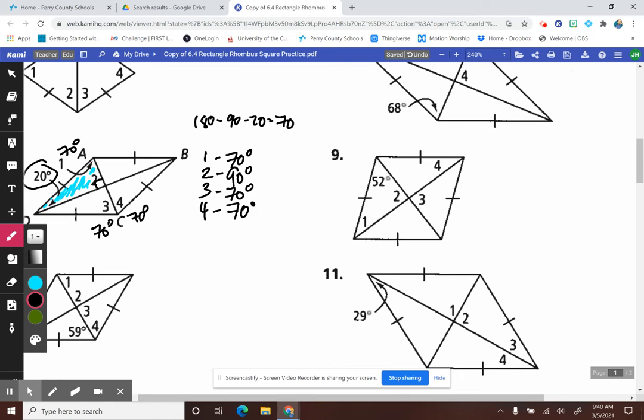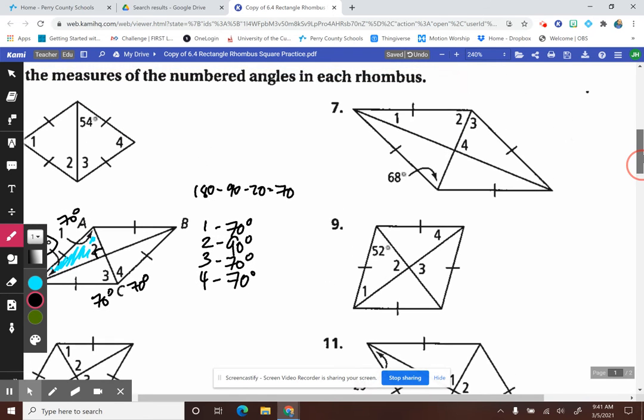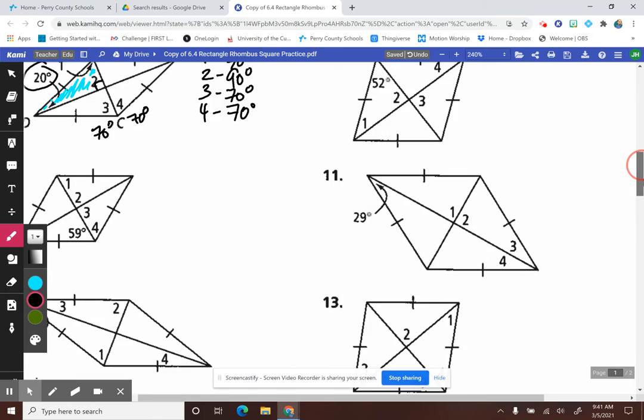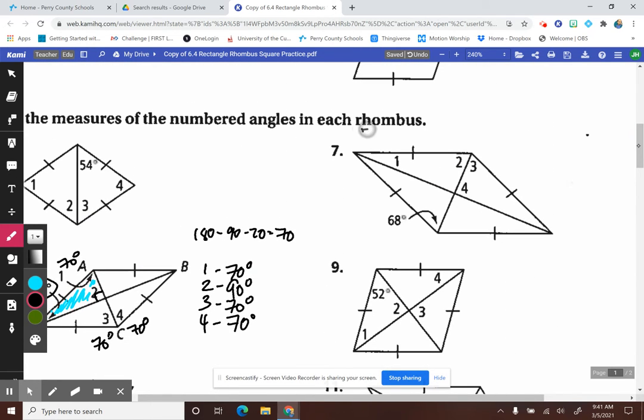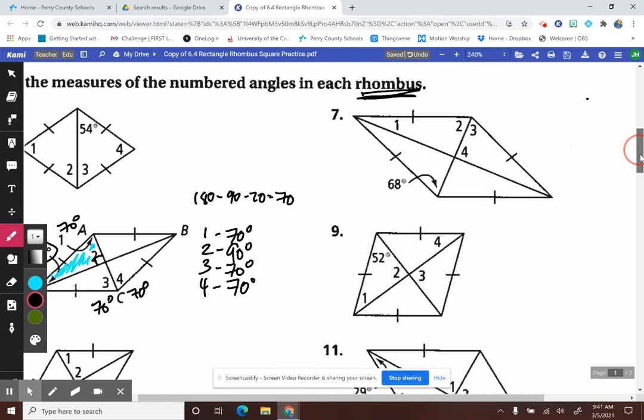Again, all of these are going to have similar situations where you're going to be able to figure out what one or two of the angles is, and that's really going to help you to figure out what the other angles are. Now remember, for all of these questions that you're doing here, 6, 7, 8, 9, all the way through 13, it's telling you that you are dealing with a rhombus, okay? So those are really the only characteristics that you need to be thinking about and looking at.